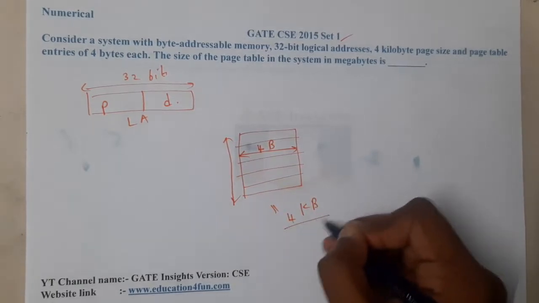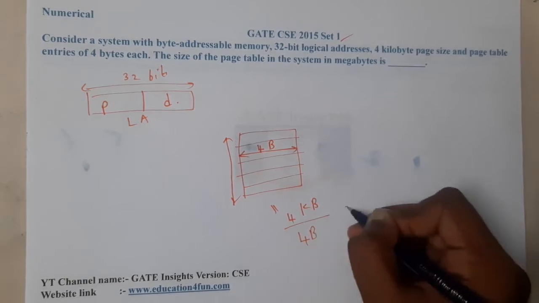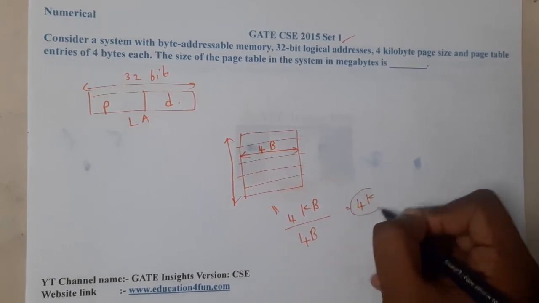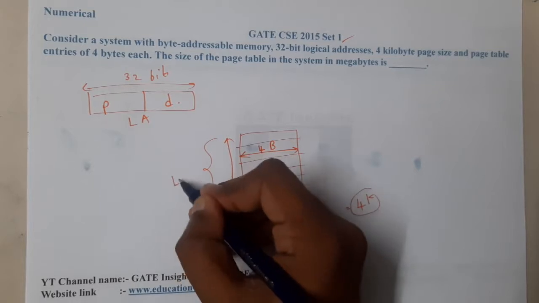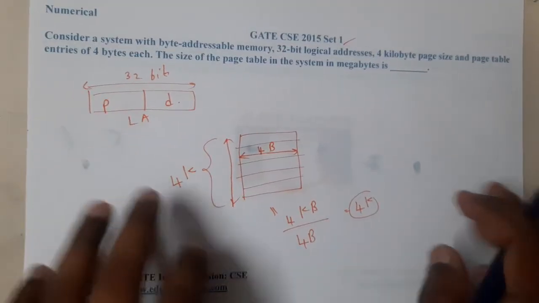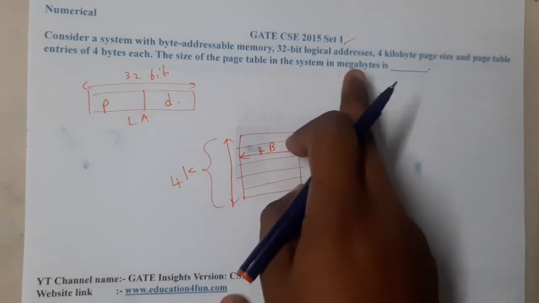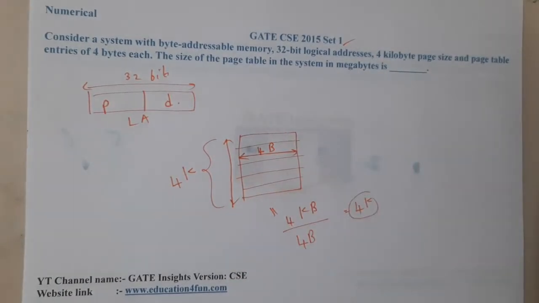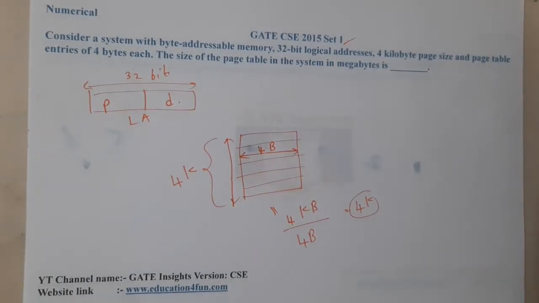If I divide it by 4 bytes, indirectly there are 4k entries. So now what they are asking is the size of the page table in the system in megabytes. Indirectly they are asking the size of the page table, right?